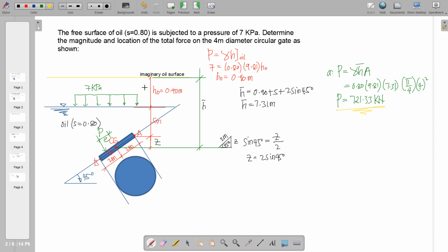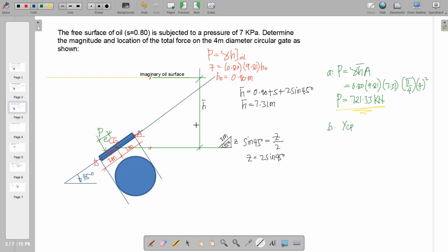So next unknown, say letter B, what is the location of this P up to the liquid surface? So as our reference and as was discussed beforehand, we are referring to YCP. So at this juncture, let us focus ourselves on the center of pressure up to the imaginary liquid surface here.